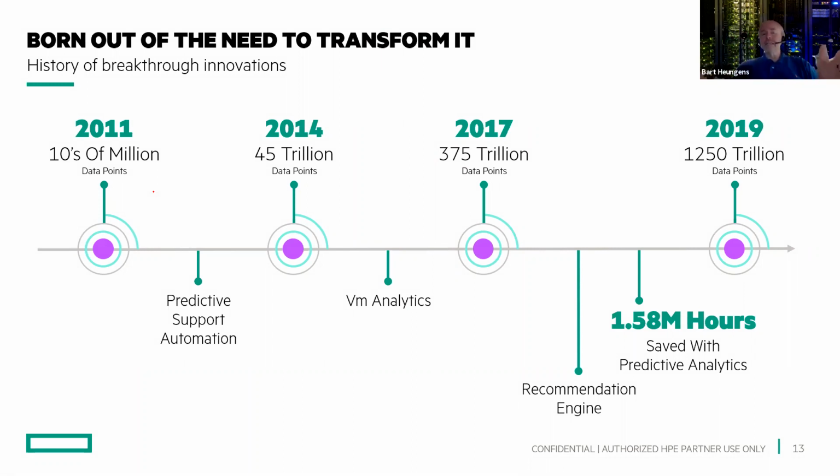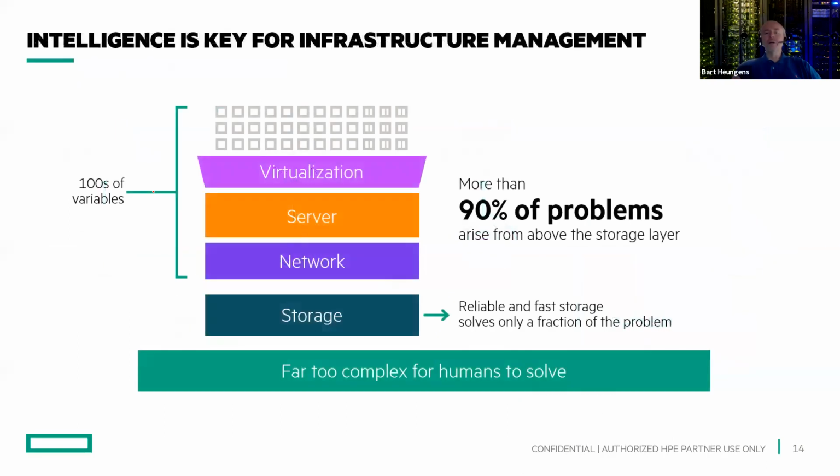So the answer is InfoSight, and InfoSight was an innovation from the HPE Nimble acquisition. A little bit more than 3 years ago, HPE acquired Nimble, a really cool storage company, and they said, we get too many phone calls at support saying that it's a storage problem, where we find that the issue is not at storage, but arises above the storage layer.